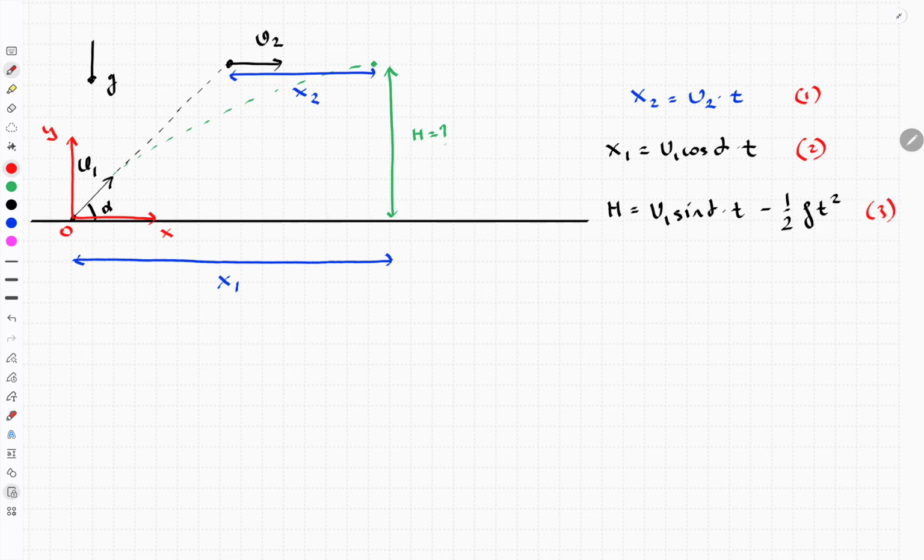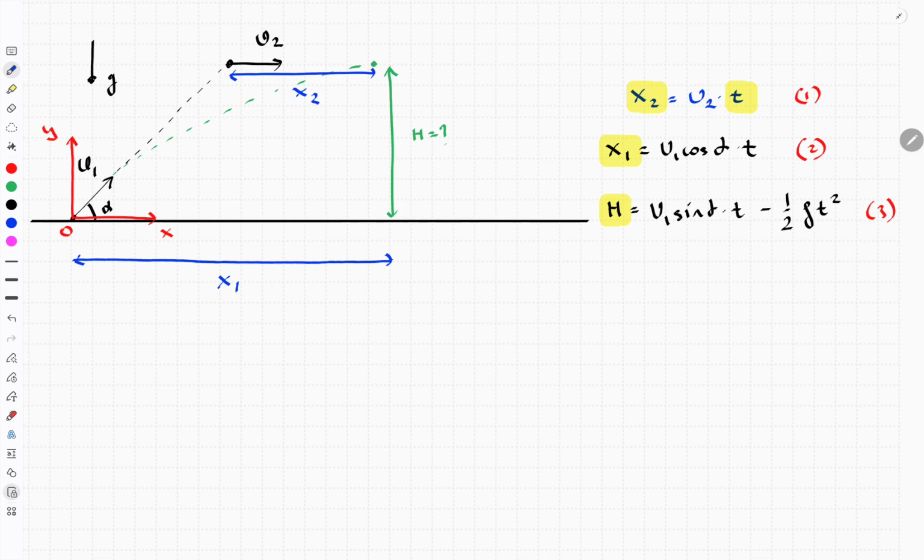So we have 3 equations, so we should think, do we have enough equations? So how many unknowns we have? x2, x1, time, and h. So I counted 4 unknowns, but we have 3 equations. So likely we cannot finish with these 3 equations. So we need one more equation.